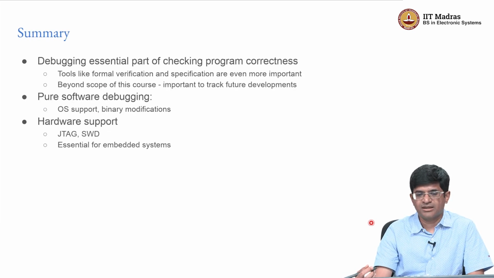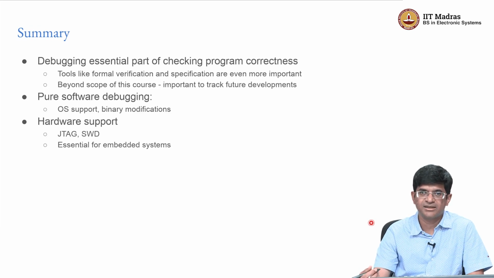So to summarize, the debugging is an essential part of checking the program correctness, right? As I said, there are certain tools like formally verified processes, formal specification processes and so on that are actually even more important in some sense than debugging, because to some extent they allow you to avoid certain classes of bugs by construction, right?